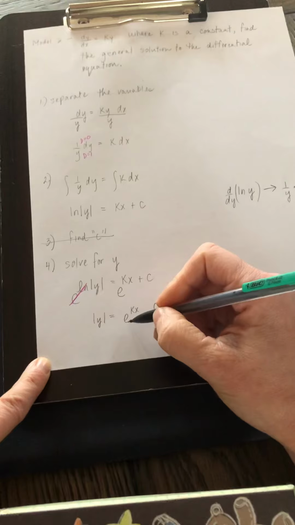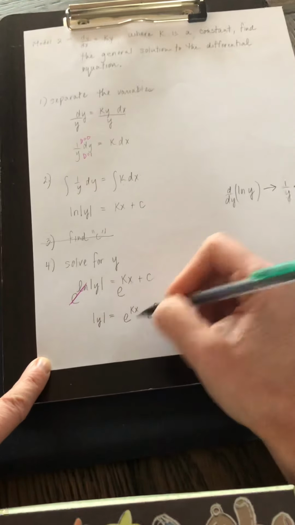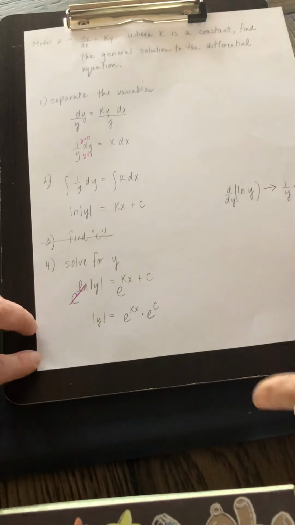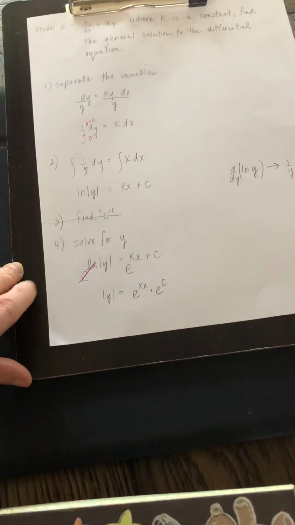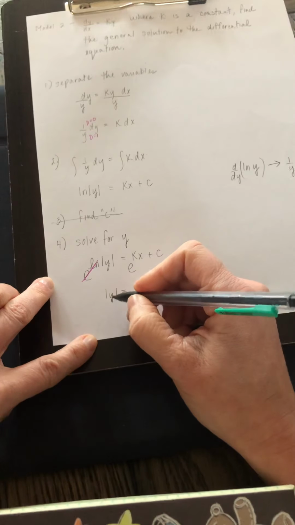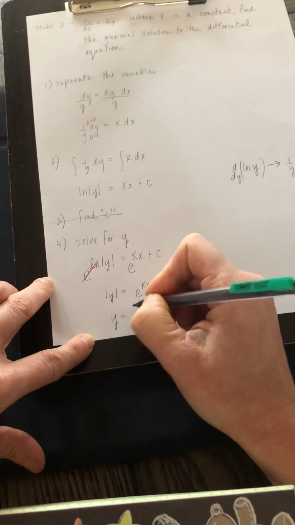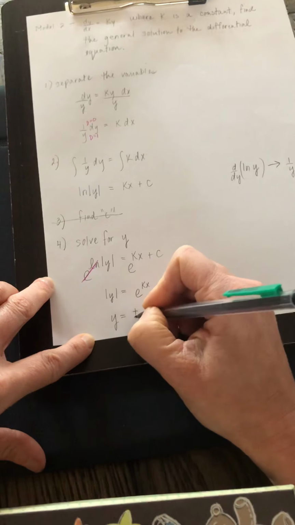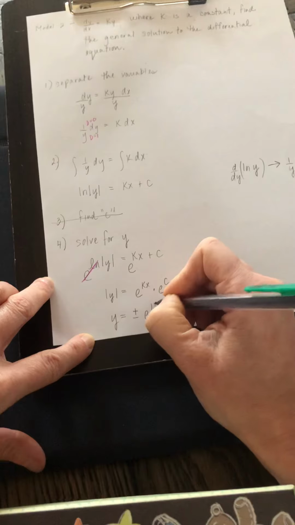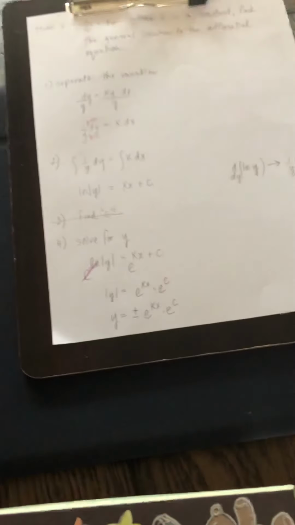And we can do that because when we multiply like bases, we add the exponents. So I just rewrote this a different way. And to solve absolute value equations, the solution we understand is positive or negative. So we have this.